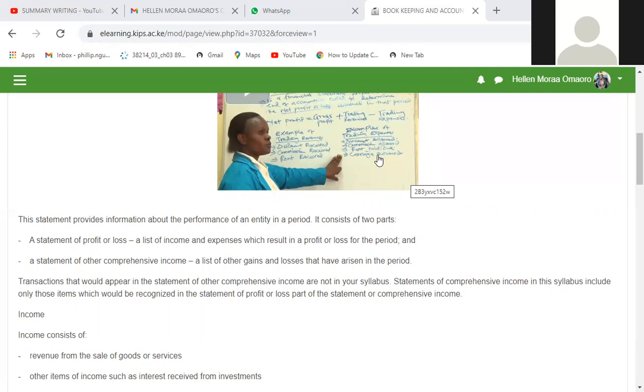So those stationery which is used in the office, that's an expense to the business. So you are not supposed to use your own money to buy stationery. You are supposed to use the business money to buy the stationery because that's the work of the business. You are recording business transactions. Okay. So stationery is one of the trading expenses.